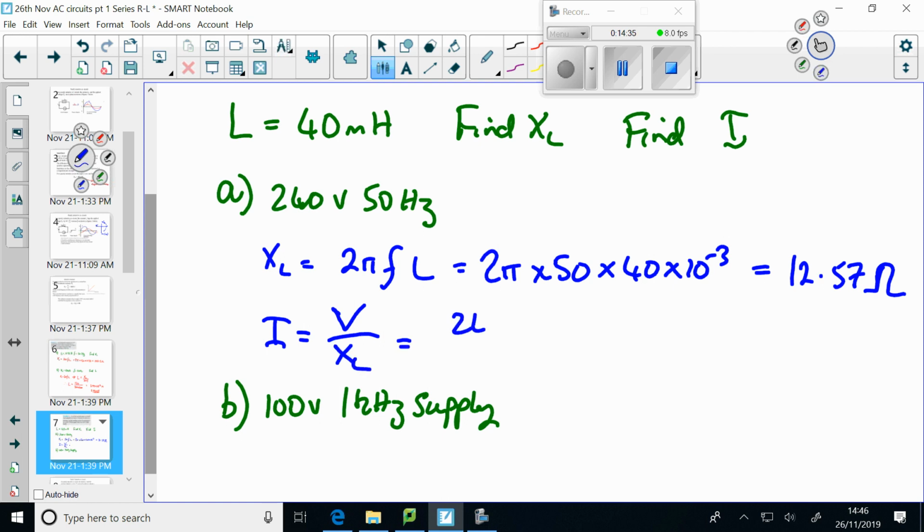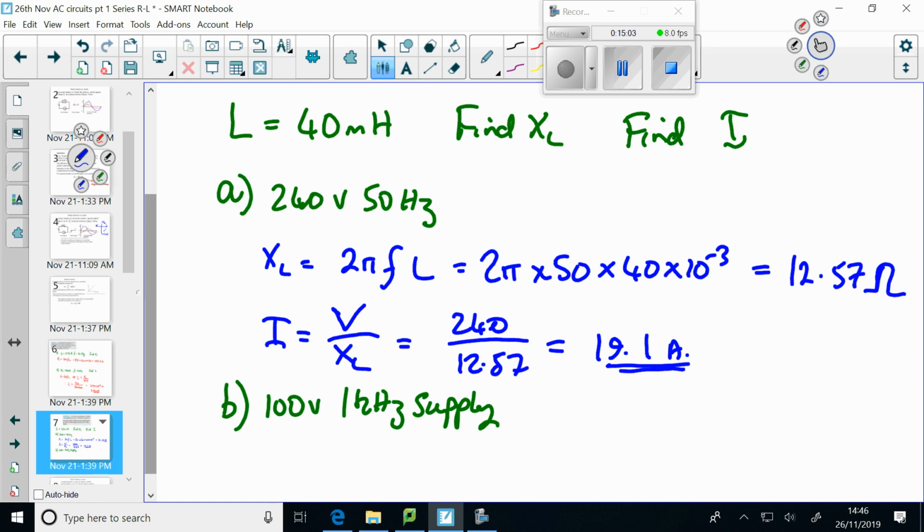So that's 240 over 12.57 equals 19.1 amps.